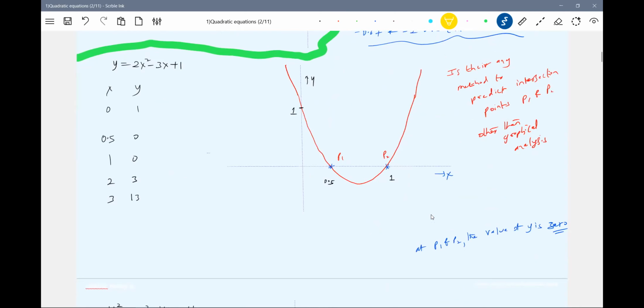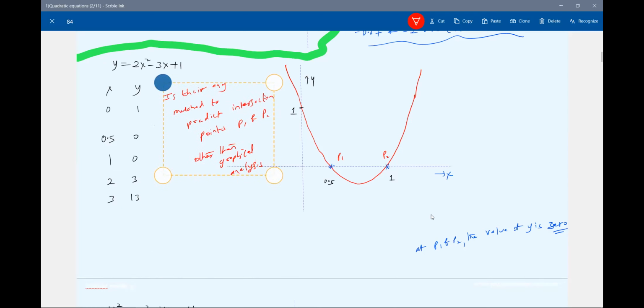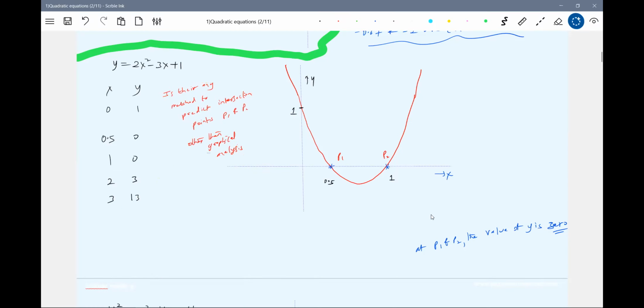Again, we'll go for the quadratic method. Is there any method to predict points 1 and 2 other than graphical analysis? Is what we asked. So what we should say? Yes, there is a method. What is that? Quadratic equation. So I'll solve it here only. 2x square minus 3x plus 1 equal to 0.